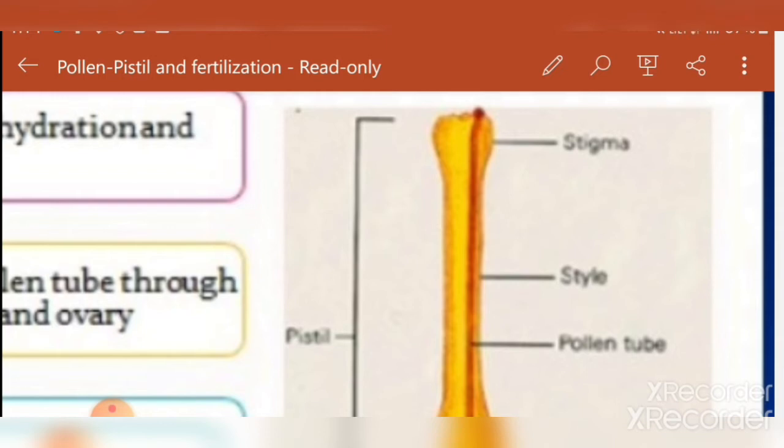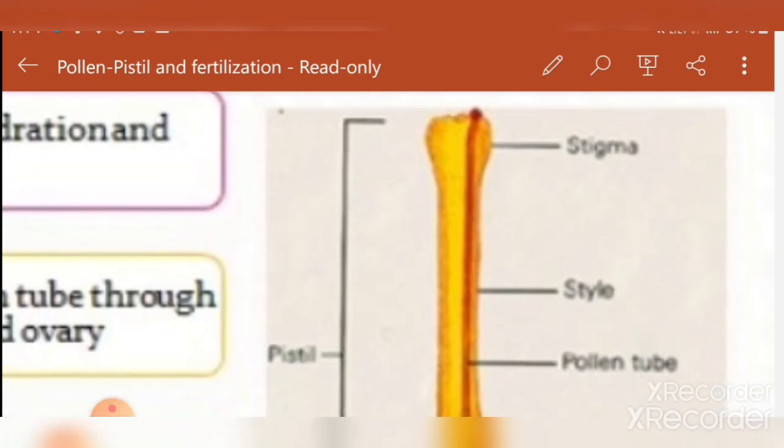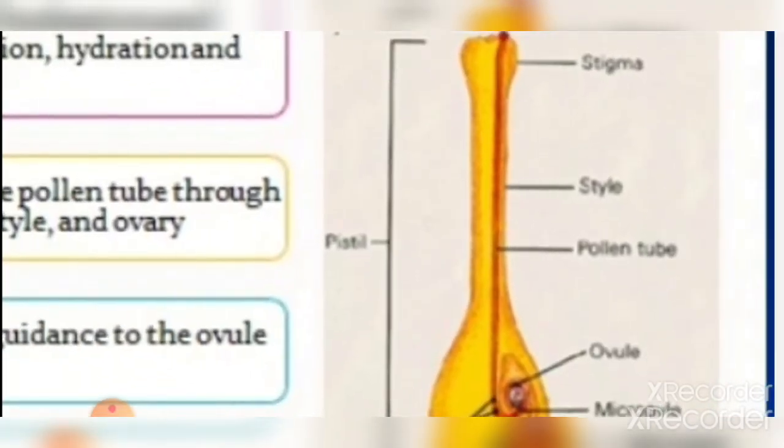You remember that? Only when the pollen grain lands on the stigma does it go from the two cell stage to the three cell stage. What is the three cell stage? The vegetative cell is larger, it occupies a larger proportion of the cell, and the generative cell undergoes further divisions forming two nuclei, which behave as male gametes.